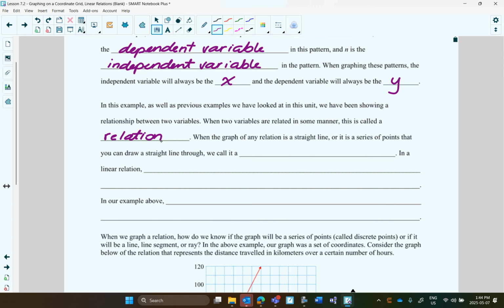Many times, the graph looks like a line. Other times, which you guys will see starting in grade 11, they look like curves. We're only going to focus on the ones that look like lines. So when the graph of any relation is a straight line, or you can draw a line through it, we call it a linear relation.